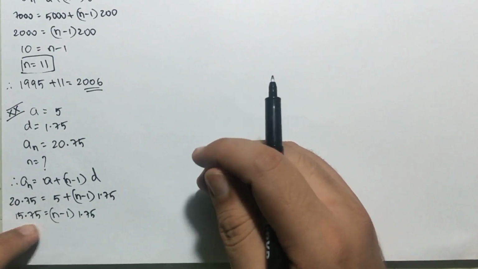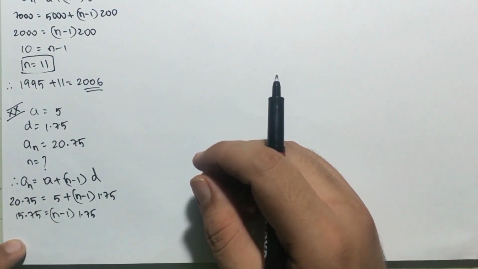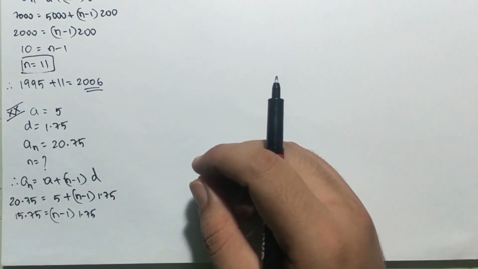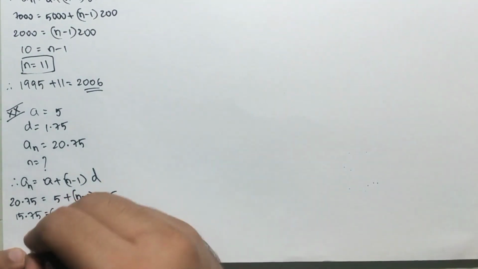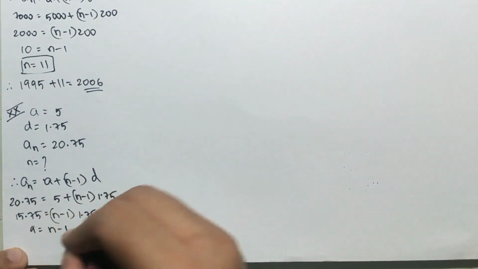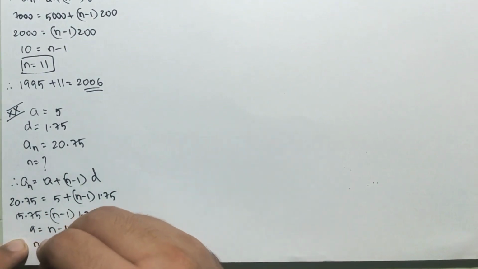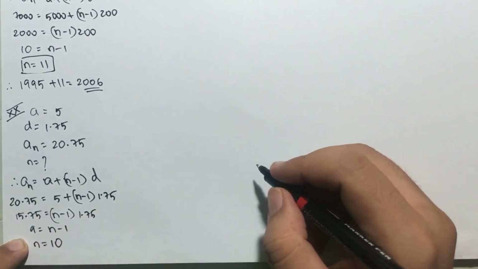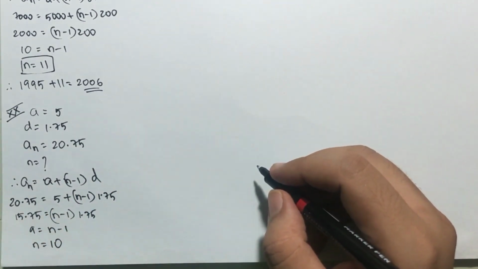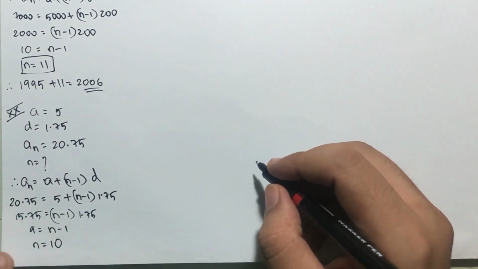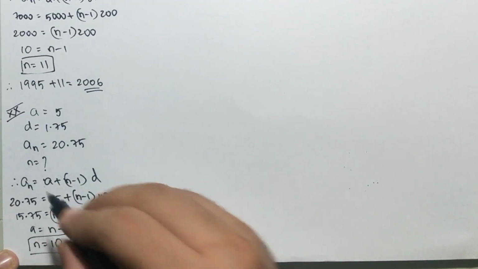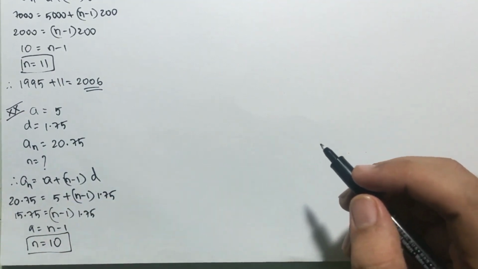This 15.75 and this 1.75 will go on that side, it gets divided, and we will get 9 equals n minus 1. This 1 will go on that side and get added, so n will be equal to 10. So in the 10th week she would have savings of 20.75 rupees.